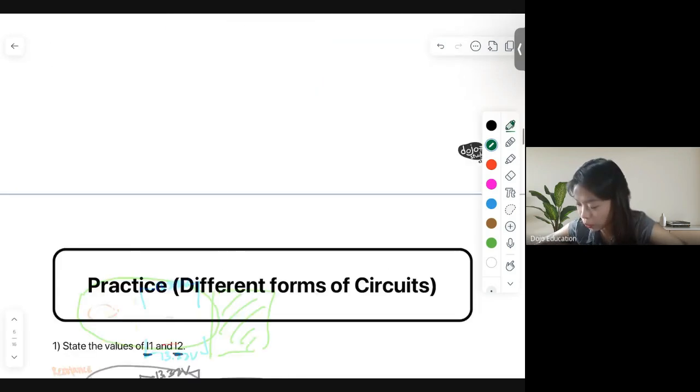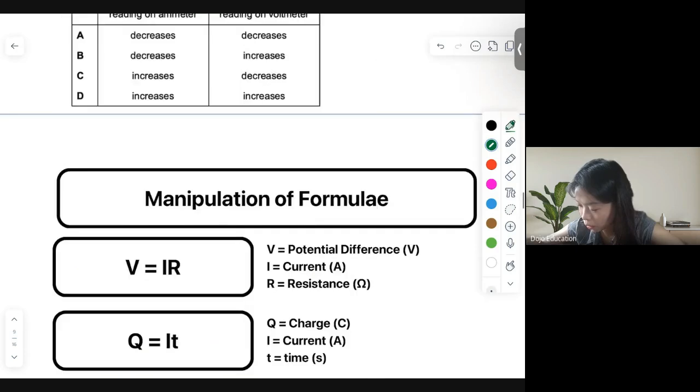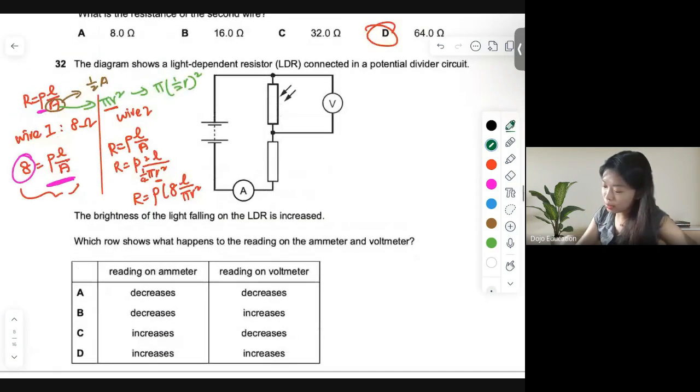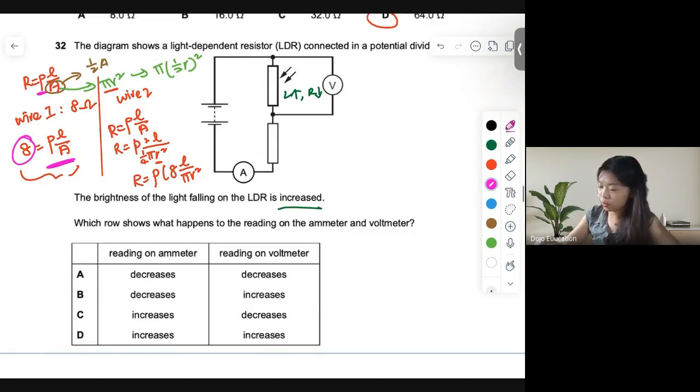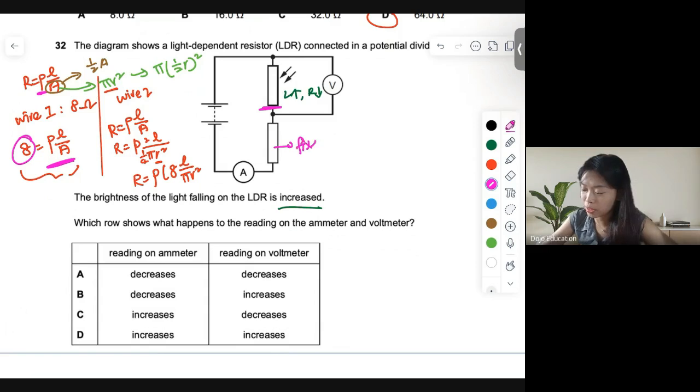So we go back to the question. Light increases, which means the resistance of my light dependent resistor decreases. Which row shows what happened to the reading on the ammeter and voltmeter? The LDR's resistance decreases, and this one is my fixed resistor, so it has a fixed resistance and wouldn't change.